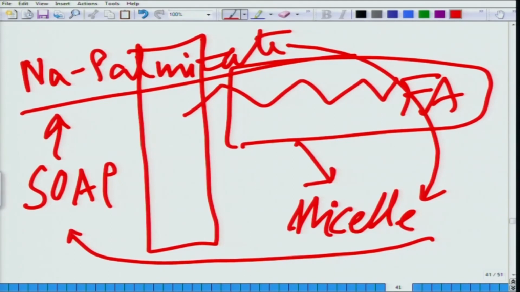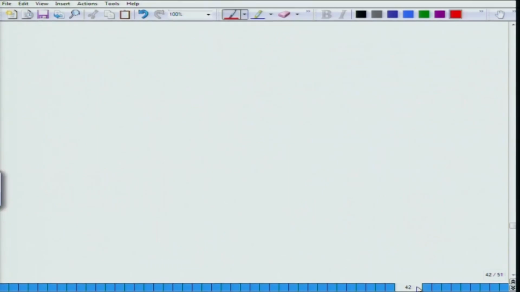So, this is what I expect you to understand: these are some of the very basics of lipid structures, which are essential in understanding how the membrane is formed and how it interacts. In order to summarize, there are 5 different features which are very essential.